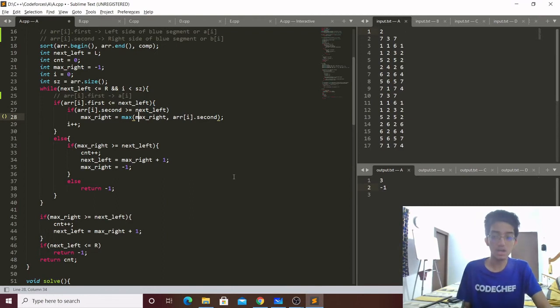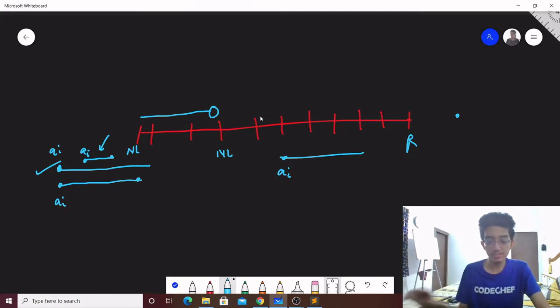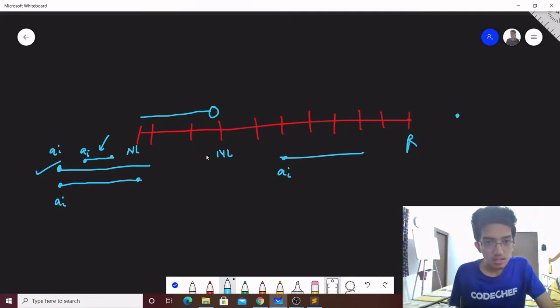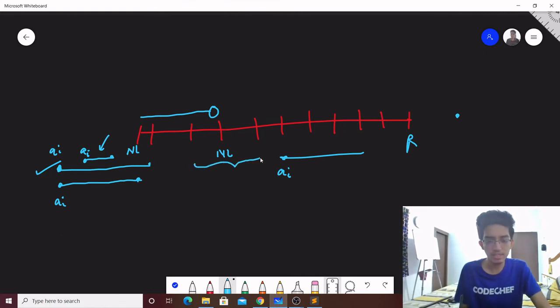Okay, so how to code this? So that is, our A of I is now greater than our next left. So we check if the regions after next left were covered or not. Let's say we took this starting point, this one, then this would have covered everything till here, and we would have been left with these red segments to cover.